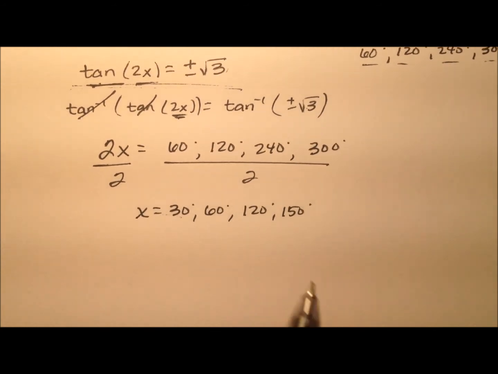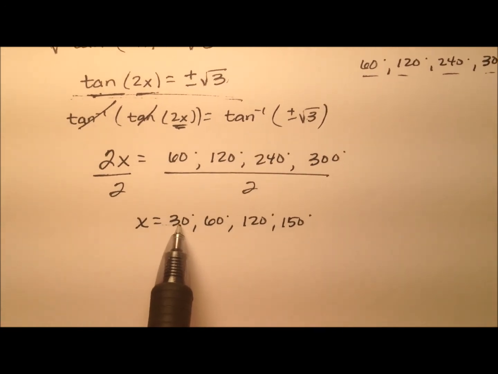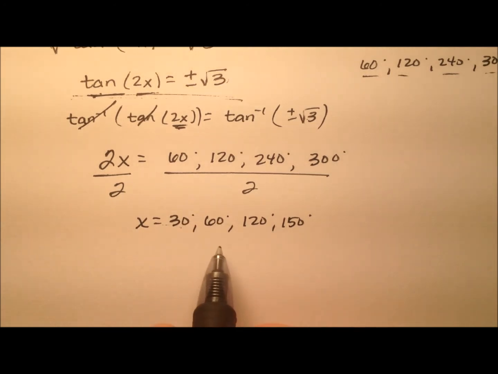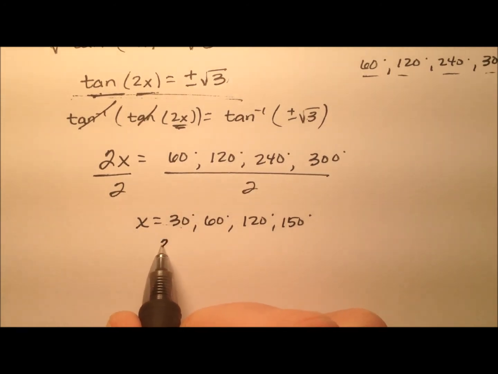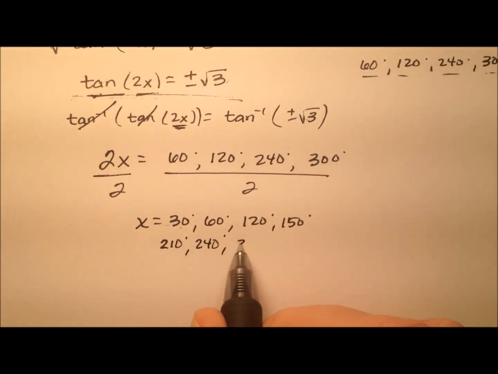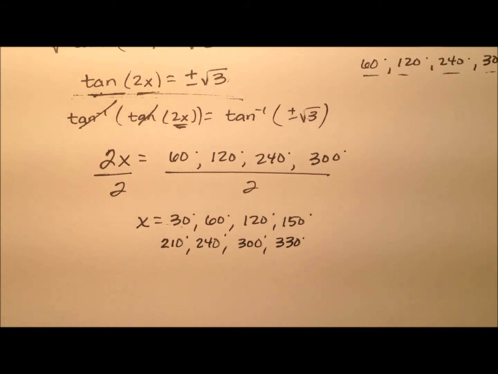So you could rework the whole thing, or you could just add 180 to all of these degrees, and that would give me the other 4 solutions. So let's go ahead and add 180 to each of these. So it also gives me 210 degrees, 240 degrees, 300 degrees, and 330 degrees.